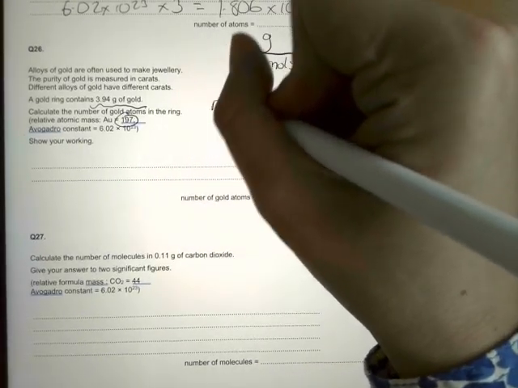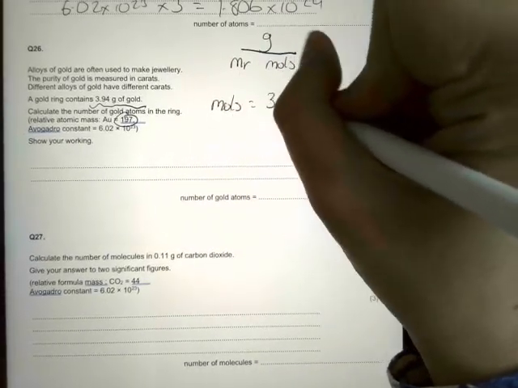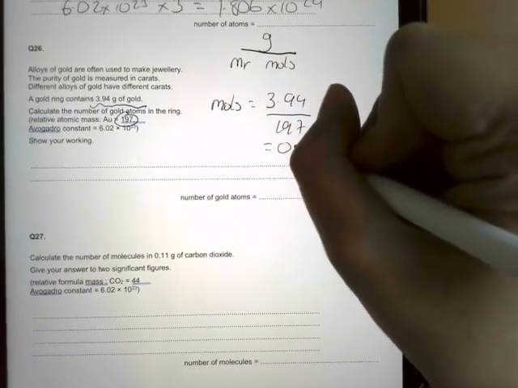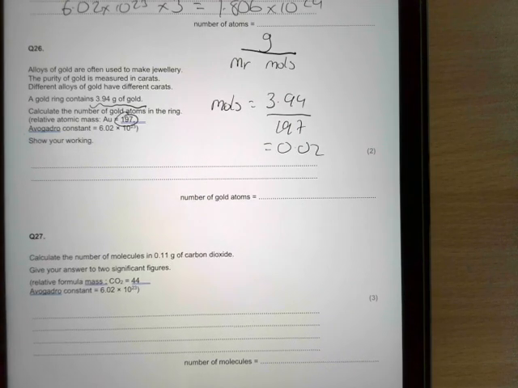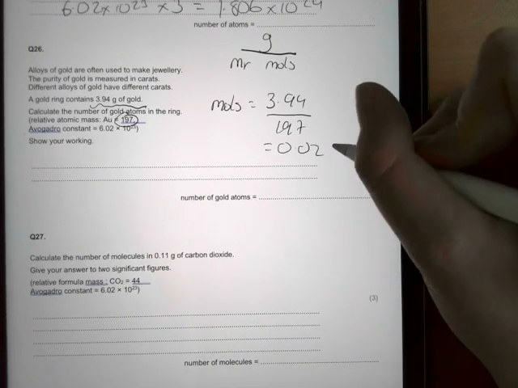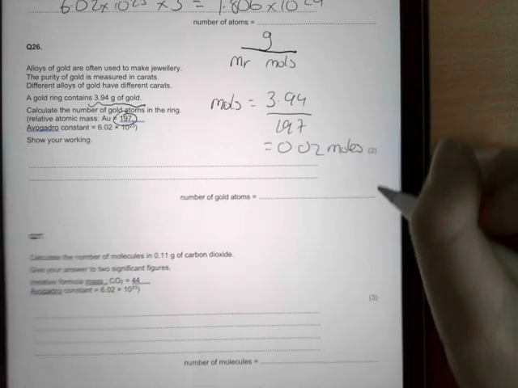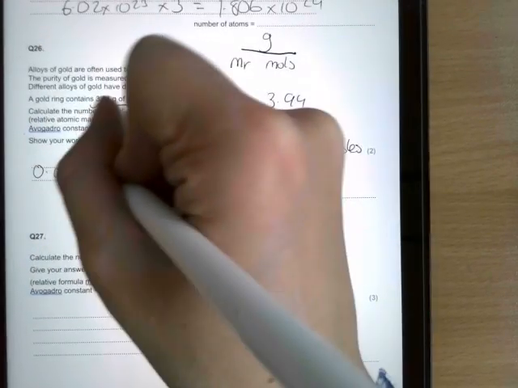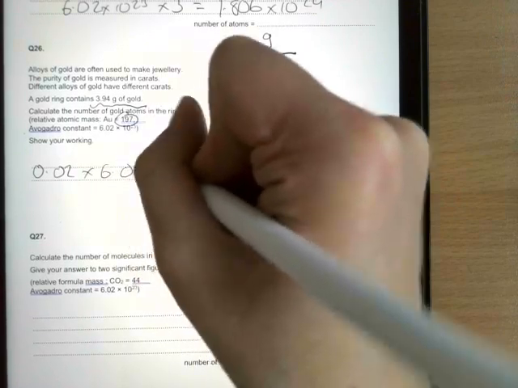And moles is going to be 3.94 divided by 197, and this works out as being 0.02, I think. 0.02. Yeah, so that's the number of moles I have. Okay, and once you know how many moles you have, you just use the number of moles times Avogadro's constant.